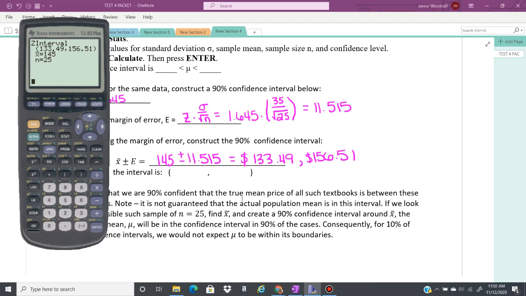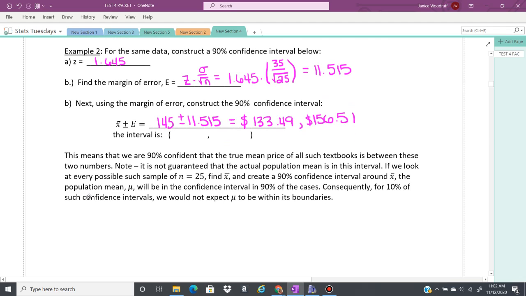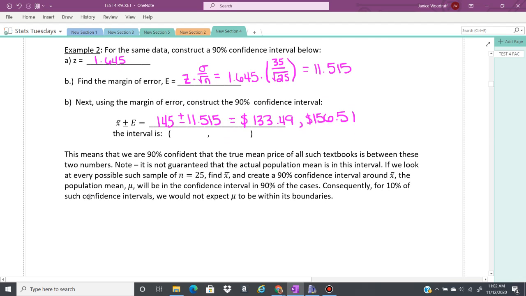Okay, and then this little paragraph here is just telling us that we're 90% confident that the true mean price of all such textbooks is between these two numbers. It is not guaranteed that the actual population mean is in this interval. If you look at every sample of 25, find the mean and create a 90% confidence interval around it, the population mean will be in the confidence interval 90% of the time.